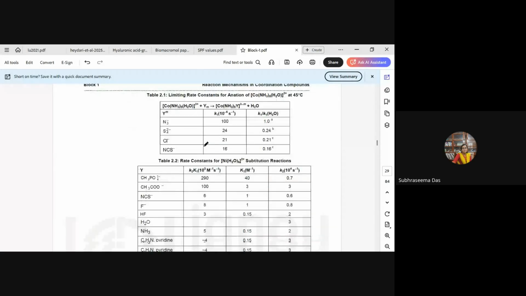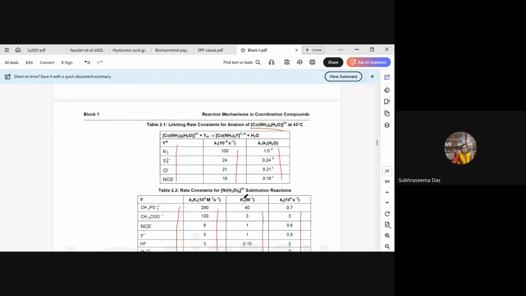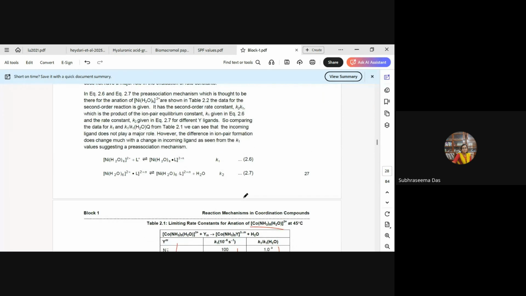So here, if you look into table 2.1, the limiting rate constants for anation, that is Co(NH3)5H2O, and we change the Y ligand, we can see the difference in the K1 values. Also, for the nickel complex, with the change in ligands, we can see the K1, K2 values change for different types of ligand.